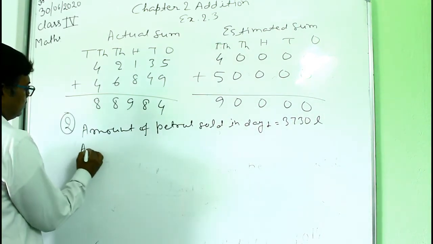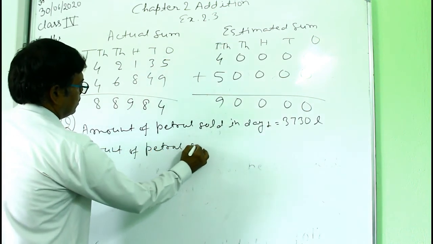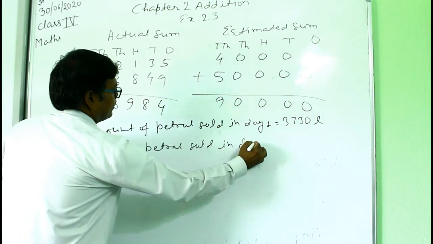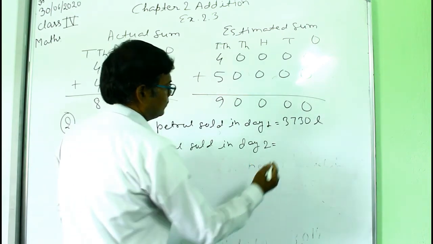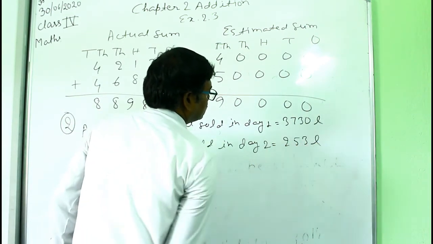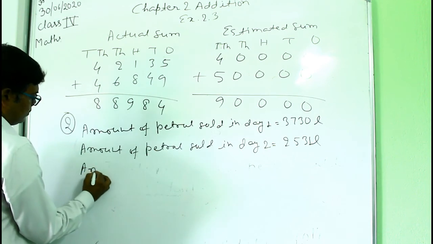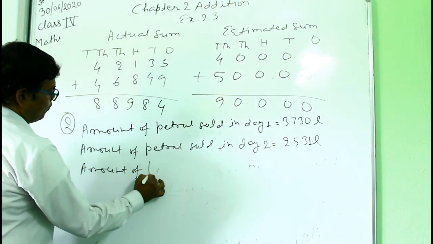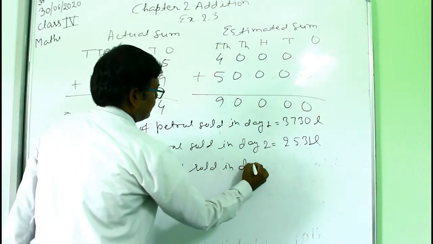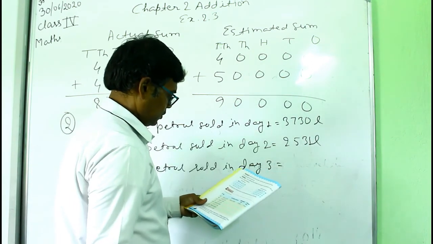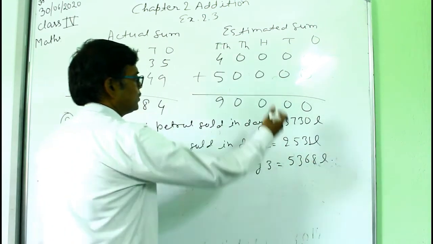And amount of petrol sold in day 2 equal to 2531 liters, and amount of petrol sold in day 3 equal to 5368 liters. Okay, so these are the amounts of petrol.